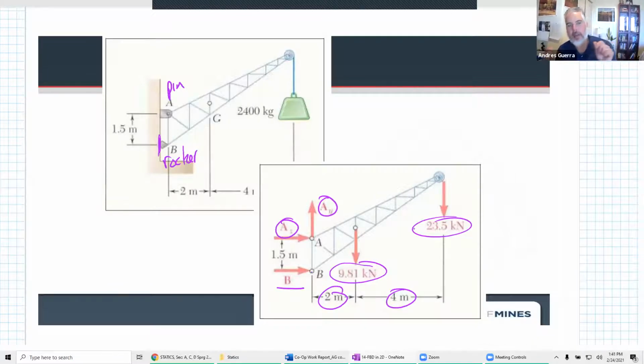So when we look at a pin support or a rocker support, we don't think about the overall stability and how this thing is going to stay in place. We just think about what that particular connection or support is doing. So the pin is an X and a Y. The rocker is just the X force right there.